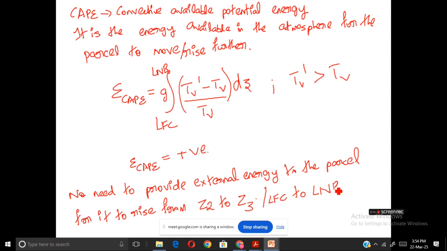So there is no need to provide additional energy for the parcel to rise from the LFC to the LNB.